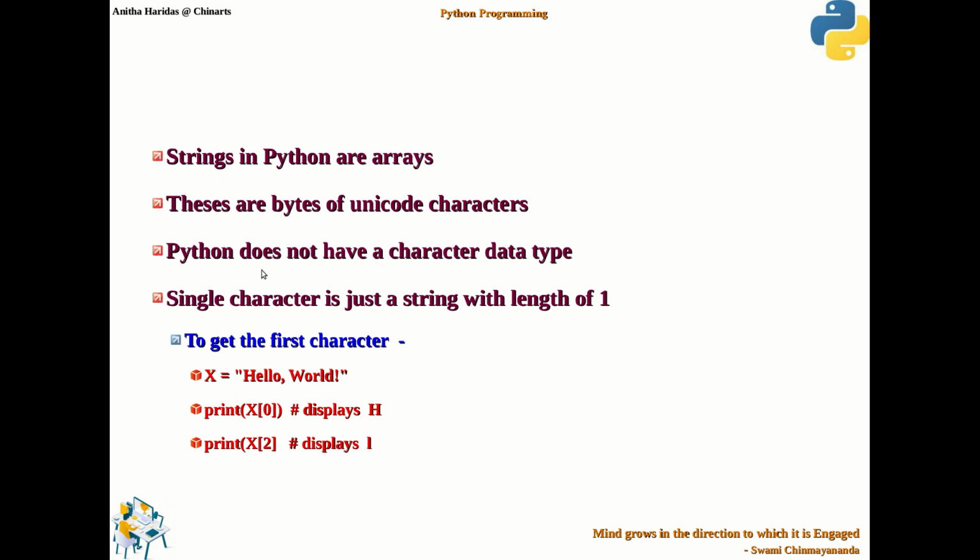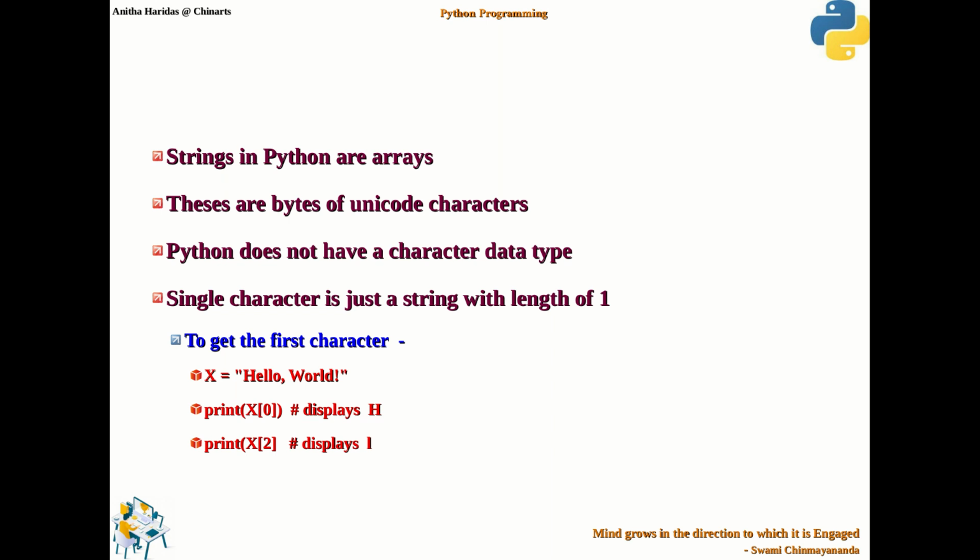And in Python, one very important point that we have to understand here: Python does not have a character data type. Whereas in C and C++, we do have a data type called char.